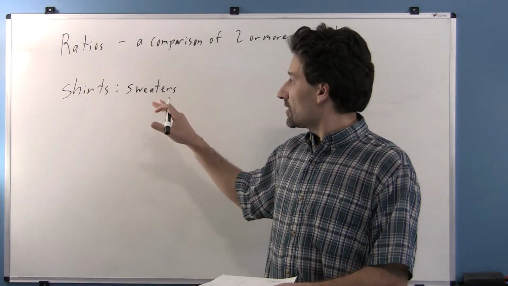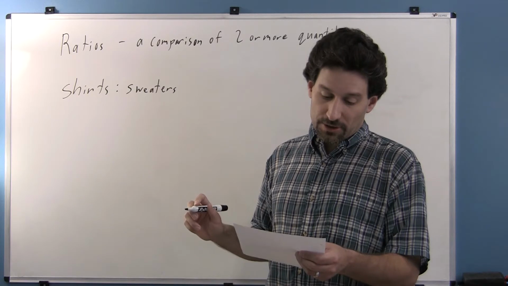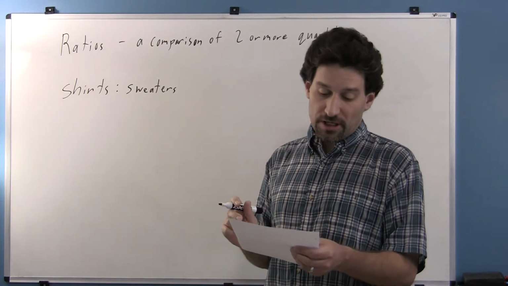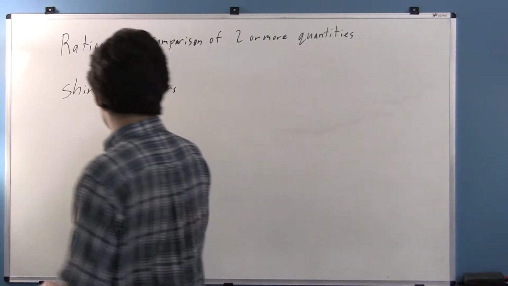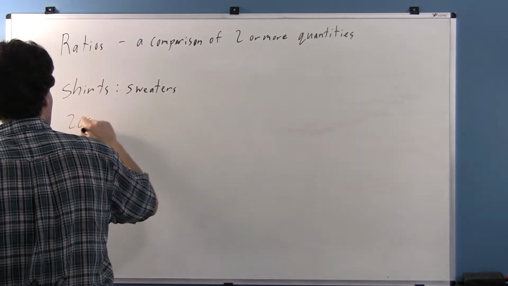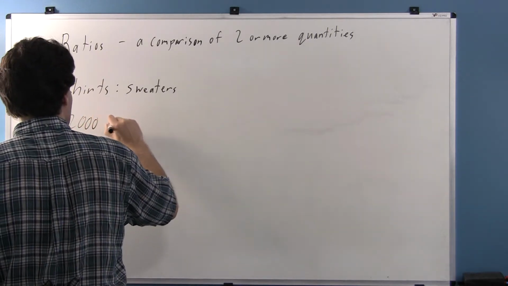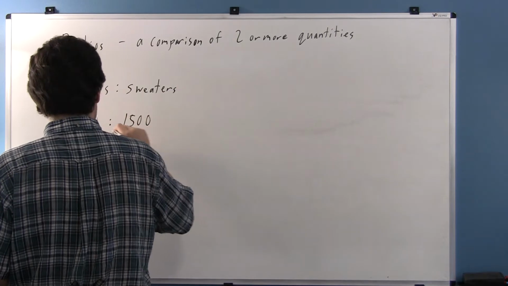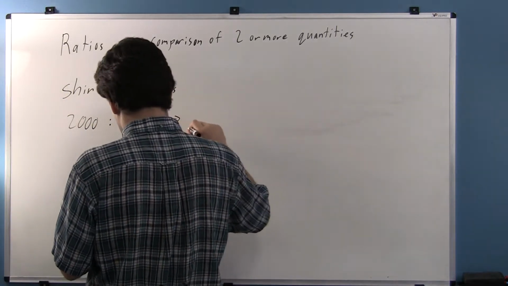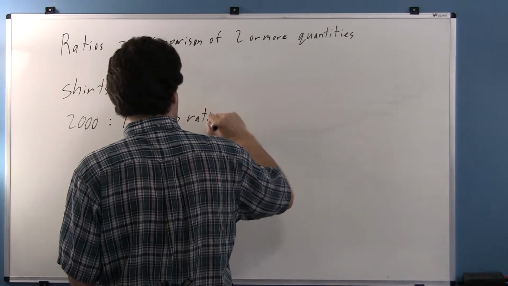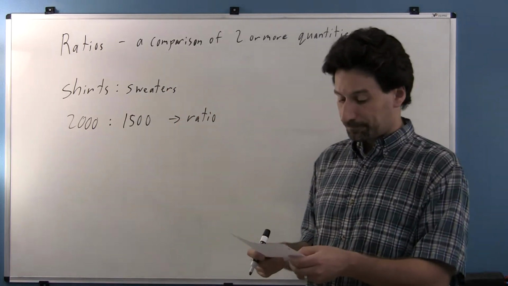So shirts to sweaters. They sold 2,000 shirts and 1,500 sweaters. So we can just write that down, 2,000 : 1,500. That's a standard ratio format.